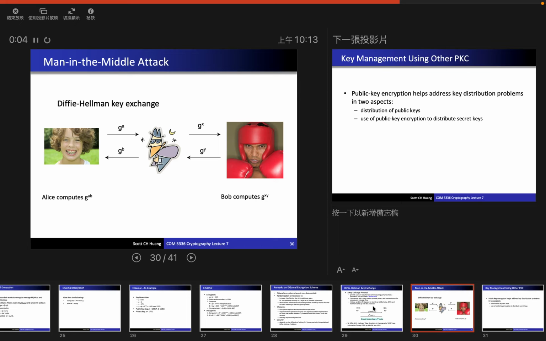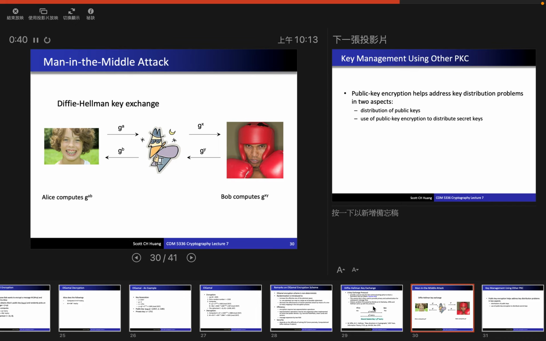So last time we pretty much stopped at the man in the middle attack. Remember that if Alice and Bob want to share a secret key, there is this significant problem, not because the Diffie-Hellman key exchange is not perfect.